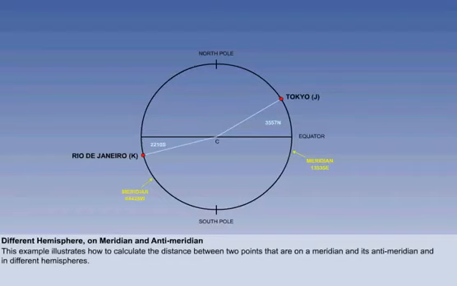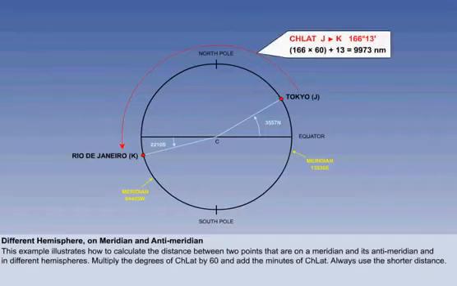By applying the latitudes of the two positions into the geometrical diagram, it is easy to visualize which angles need to be added together to obtain the total ChLat. In this case, the ChLat is 166 degrees and 13 minutes. This equates to 9,973 nautical miles.